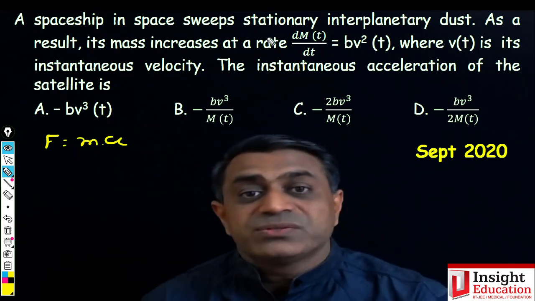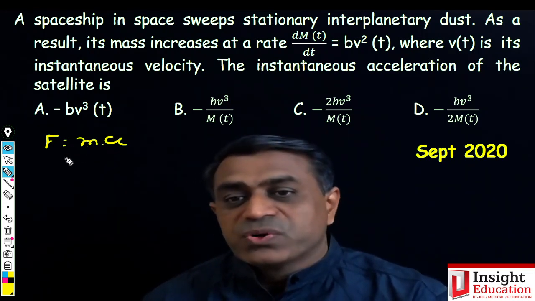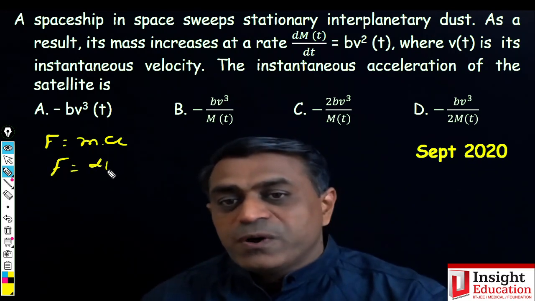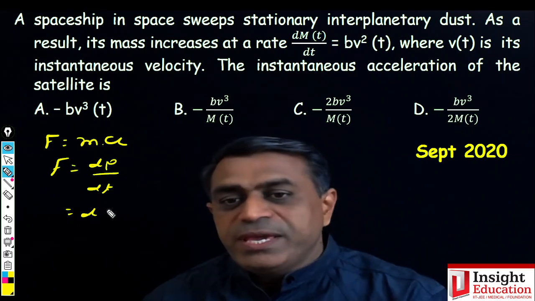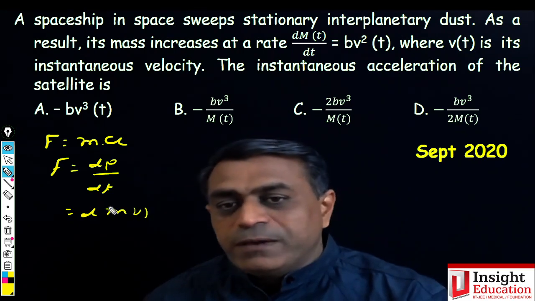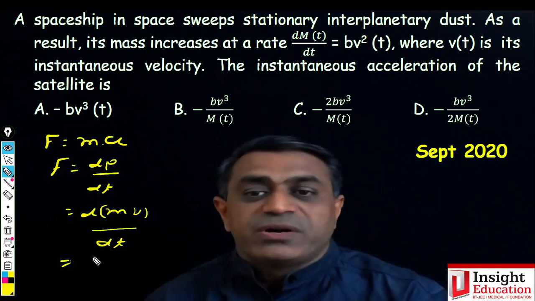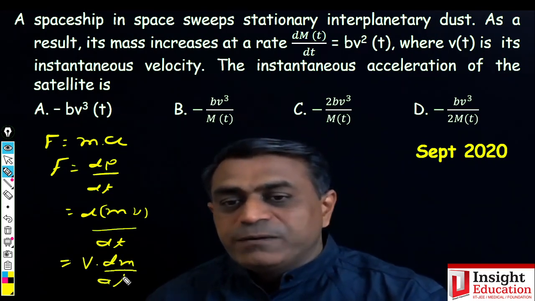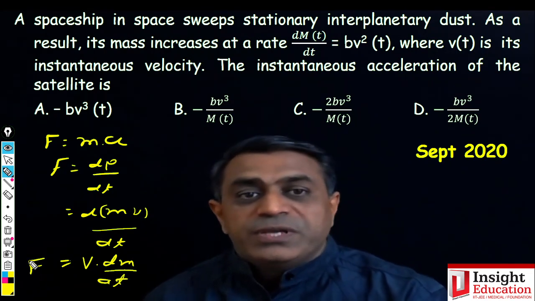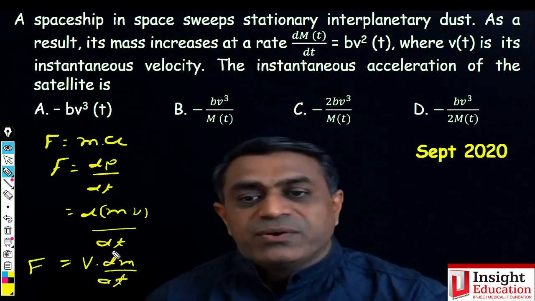That depends on the situation. So instead of this rule, we can write force F is equal to dp by dt, that is equal to d(mv) by dt. Here velocity is constant, not the mass. So v dm by dt. So from this we can calculate the instantaneous acceleration.